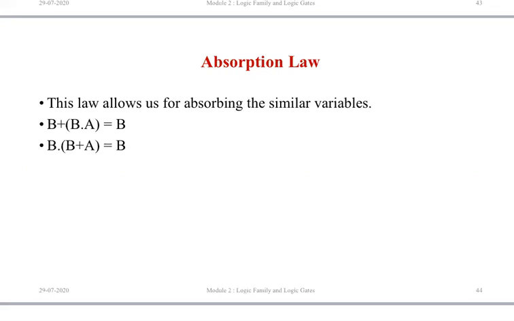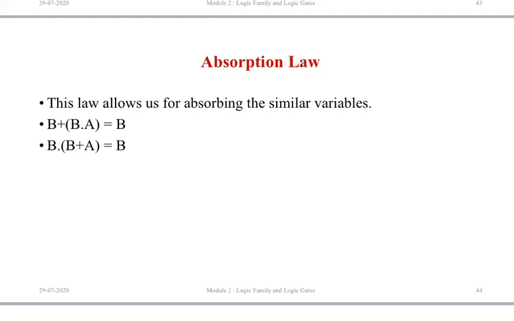So B plus B into A is giving me B. Out of the two variables, identify which one is the common, similar variable. That variable retains. In such an equation, where you see B plus B into something, automatically remove it and just put B.